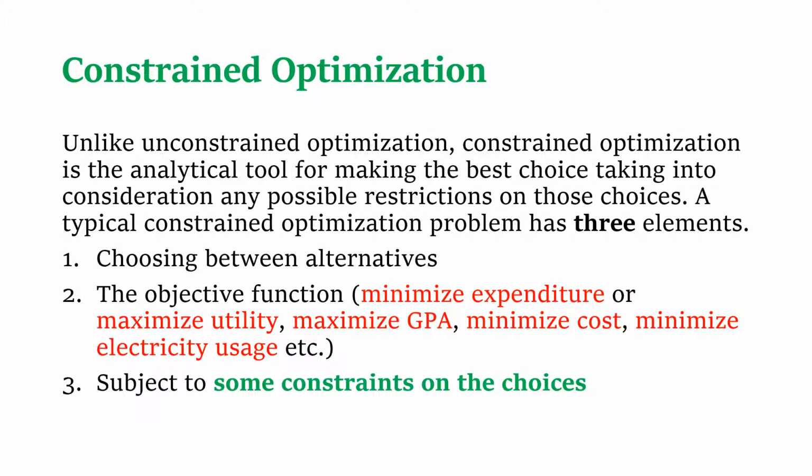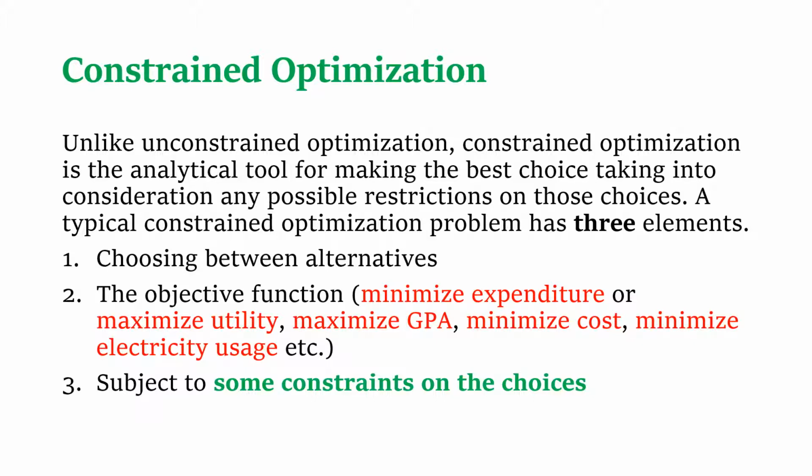So here, when we talk about constraint optimization, we are looking at three different basic elements. One of these elements is what? Choosing between alternatives. So I'm going to make choices between alternatives.